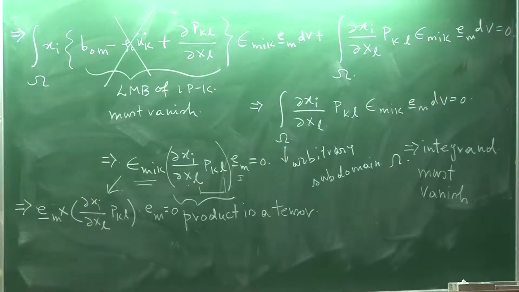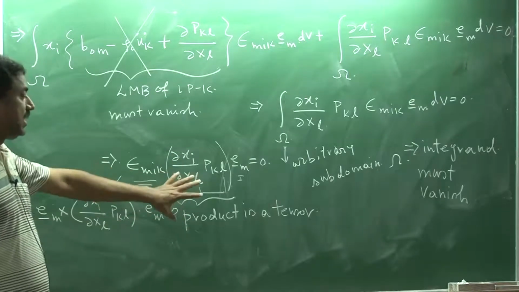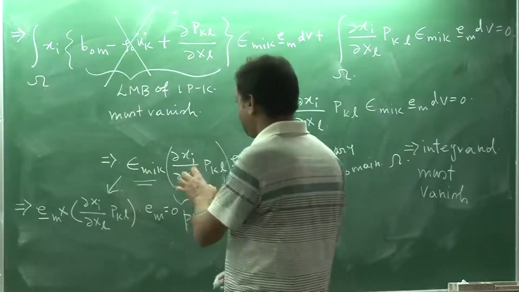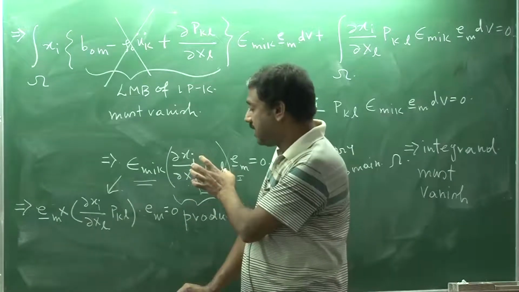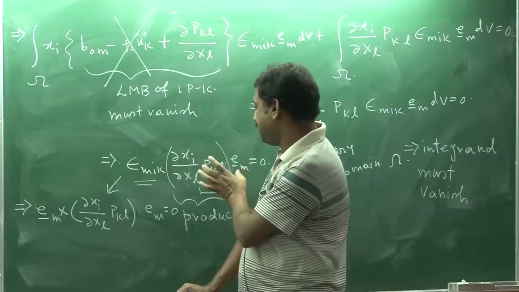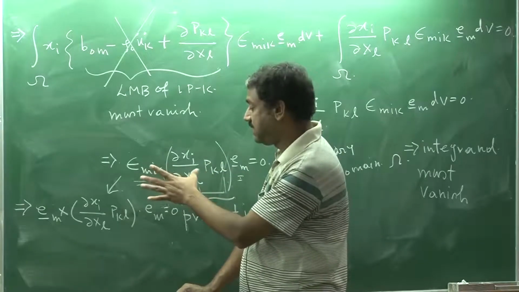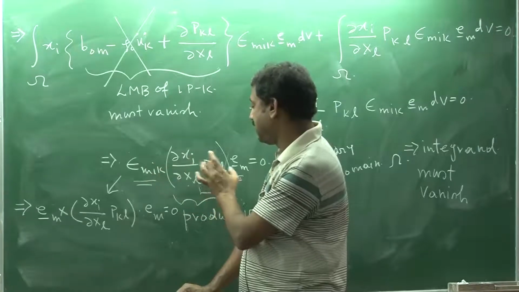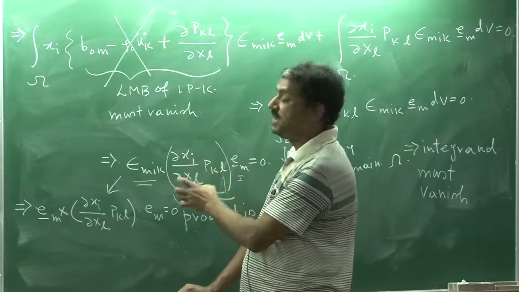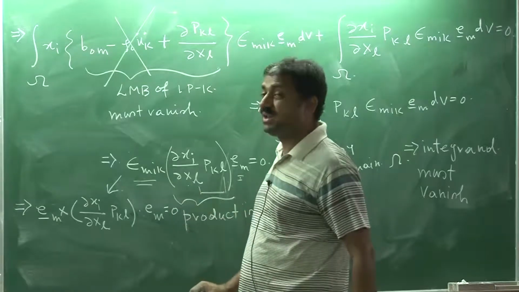And this condition, if there is a tensor in which there are two free indices i k and E m, then m is a different index, but i k, you see, everything is a free or repeated index here.